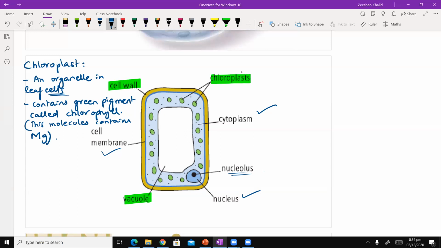So magnesium is an integral part of this particular organelle. There have been instances in past papers where you're supposed to tell the difference between the chloroplast and the chlorophyll. Remember that the chloroplast is the organelle, whereas the chlorophyll is the chemical which is present inside the organelle. So this distinction is very important.